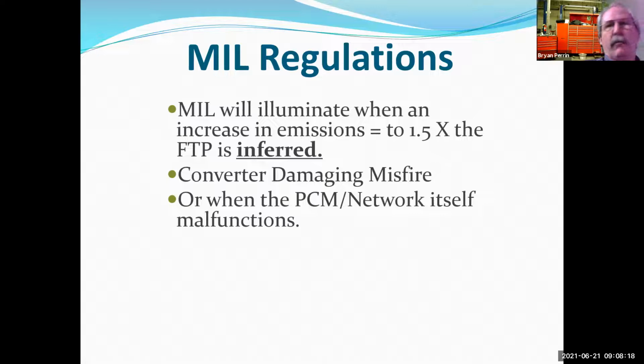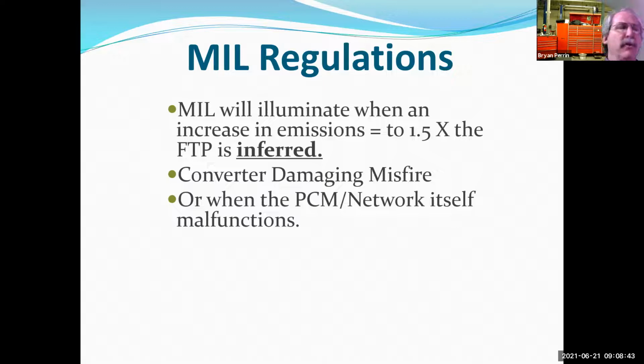So again, network problems, same with transmissions. Some transmission failures will turn the check engine light on, others will not. And people go, well, wait a minute, transmission, that's not part of the emission systems. Well, say your transmission cannot go into overdrive. Would that affect your gas mileage?